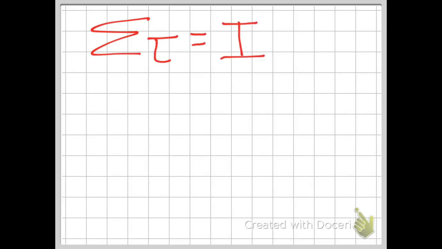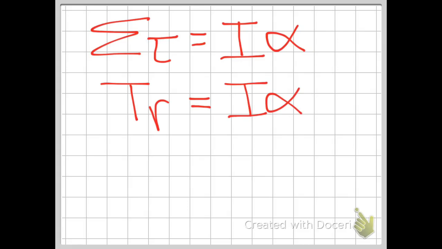Another thing we need to think about is the sum of the torques. The sum of the torques is equal to rotational inertia times the angular acceleration. The torque in this case is coming from the tension and the radius, and that's going to be equal to this.